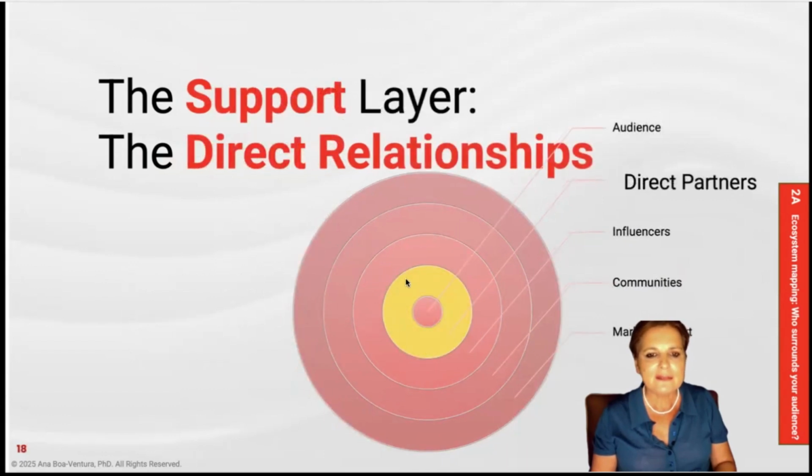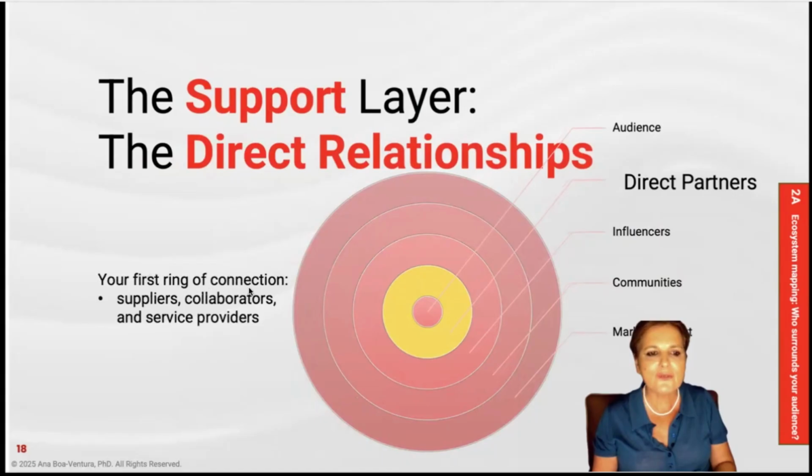Then you've got the next layer, and that's the support layer. This is the direct relationships that you have, the direct partners. This is really the first ring of connection. It's your suppliers, your collaborators, your service providers, everybody without whom you couldn't even function. And that's why I keep saying, do not see them as vendors, see them as partners. And you may ask, what do you mean exactly by that? I mean simple things, like we are in the holidays, Thanksgiving and Christmas are coming up.